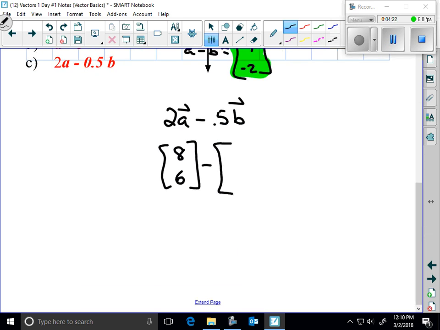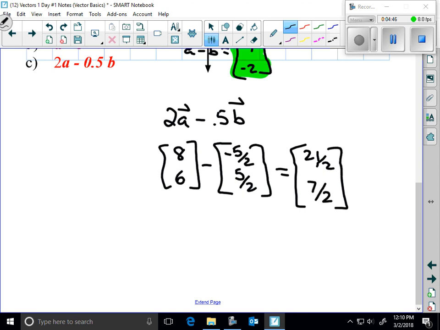So -5, 5 times 1/2 would be -5 halves, 5 halves. And then we just subtract: 8 minus -5 halves would be 21 halves, and 6 minus 5 halves would be 7 halves. An equivalent form, of course, is 21 over 2 i plus 7 over 2 j. Either of those would be acceptable answers. Just basic algebra involved there.